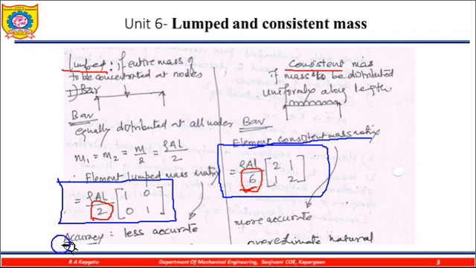Now the accuracy: whenever we are doing FE analysis with a lumped mass, the accuracy is less, but when we consider the consistent mass matrix, the accuracy is much better.